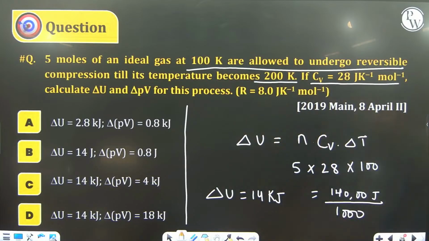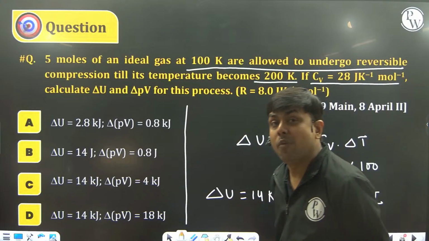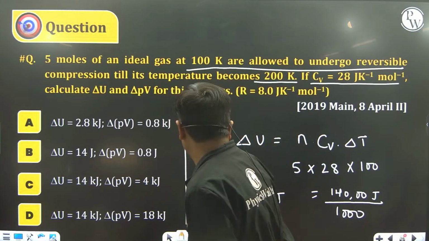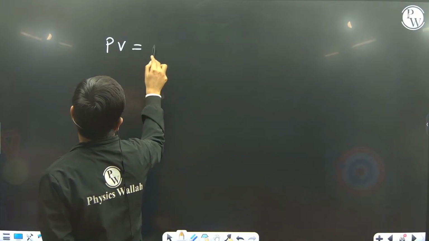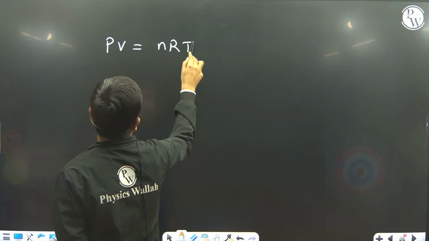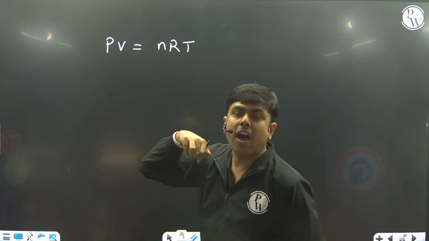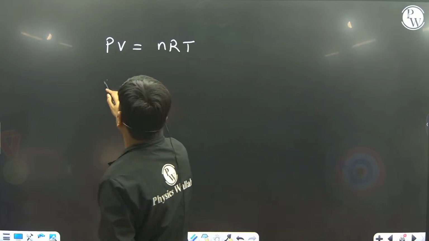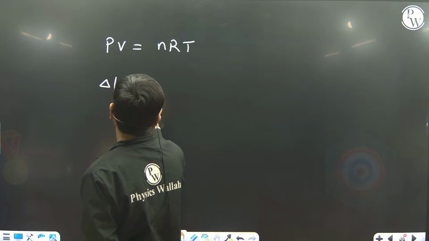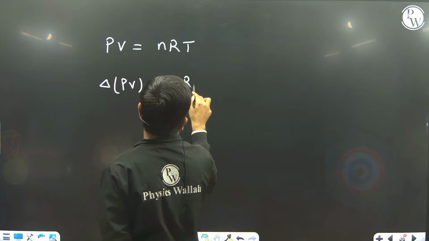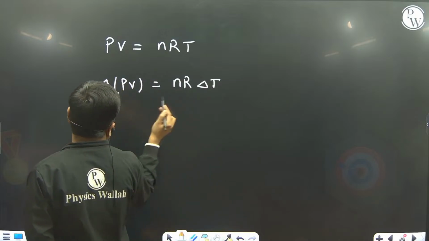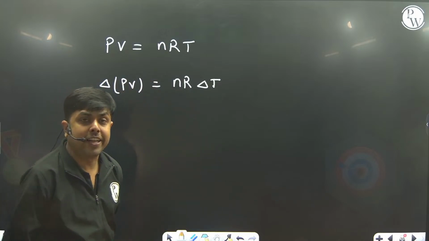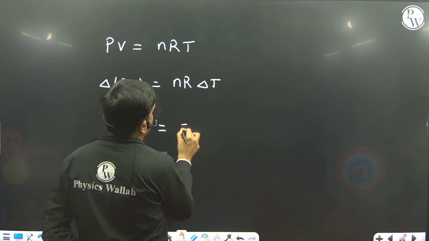Now, delta of PV. How do we calculate delta of PV? We have studied PV equals nRT, right? n is constant, R is constant. So delta of PV here will be nR delta T. Delta of PV is nothing but nR delta T. n they have given as 5.